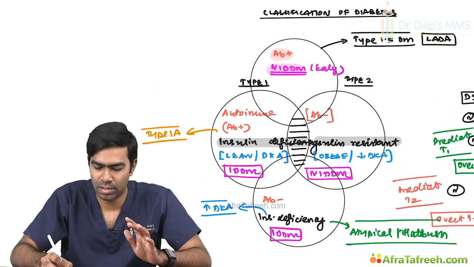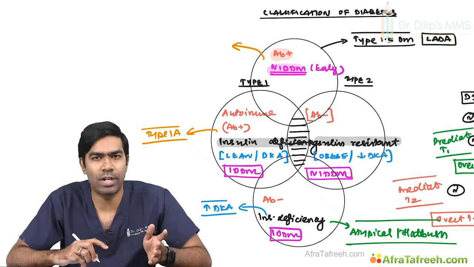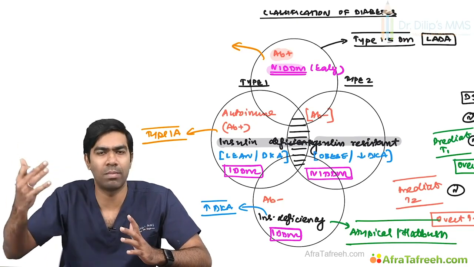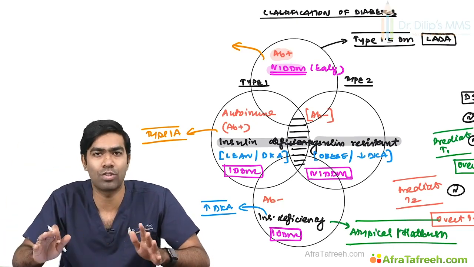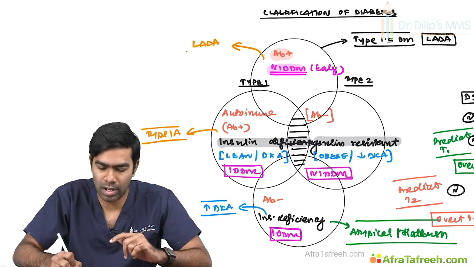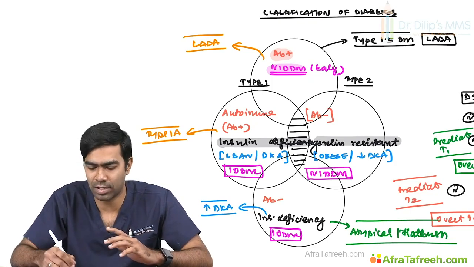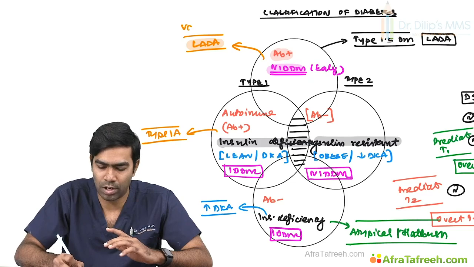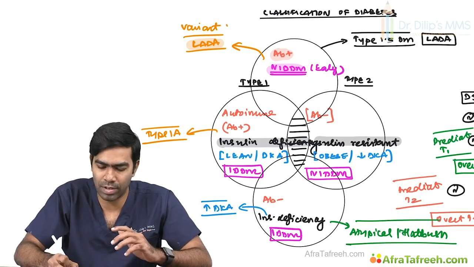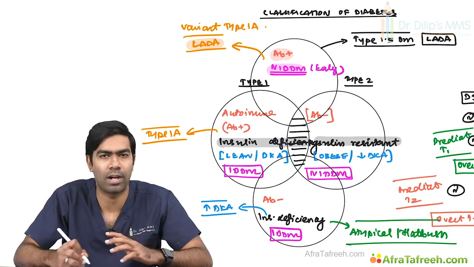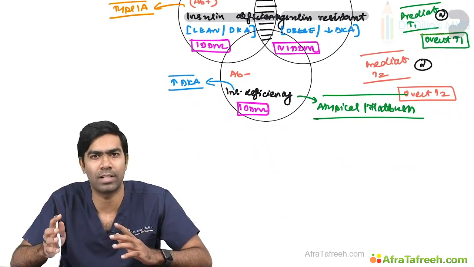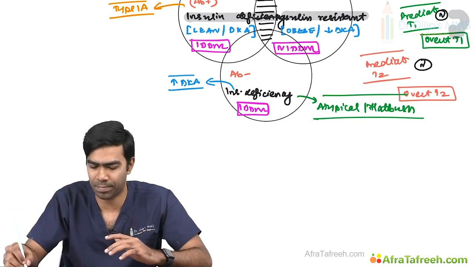And those patients who are non-insulin dependent to start with for a variable period, at least 6 months as per the criteria, but it can be up to 6 years, still have evidence of autoimmunity and were called LADA, latent autoimmune diabetes in adults. It's considered a variant of type 1A, or sometimes an adult onset type 1A diabetes, where the autoimmunity is not so strong and happens over a long period of time, and the destruction of the beta cells is slow and steady.